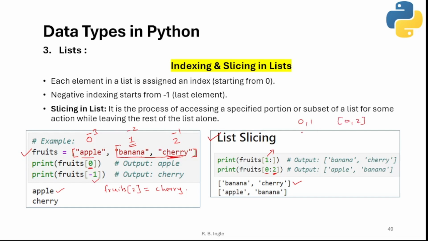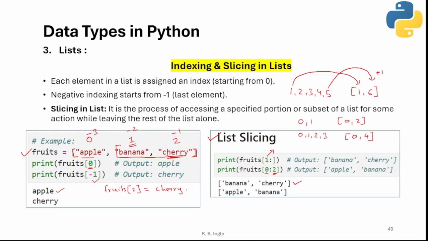If I want index numbers 0, 1, 2 and 3, then I will write 0 to 4. And if I want the elements at index numbers 1, 2, 3, 4, 5, then I will write 1 to 6. So that is how we write the index. The starting index remains the same in this range, but the last index is plus 1.